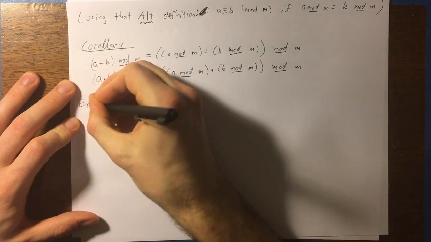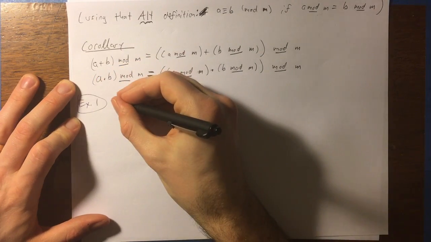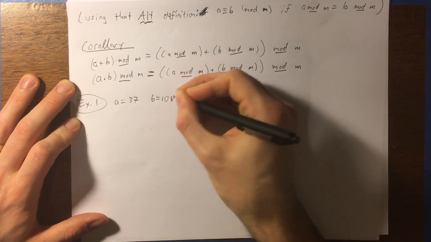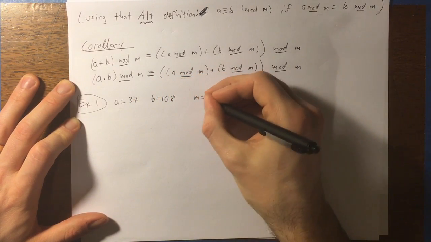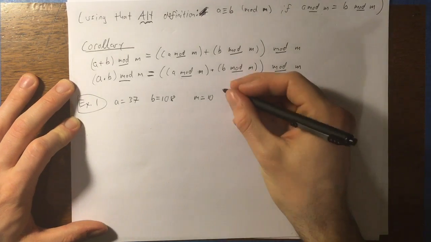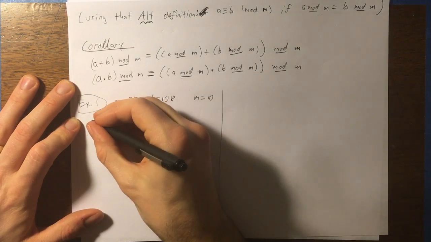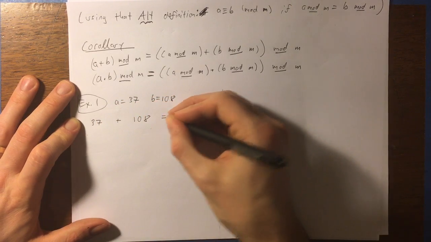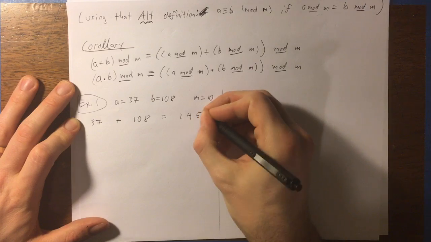So example 1 here, let's take a equals 37, b equals 108, and m equals 10. And we're going to do addition. So 37 plus 108 is equal to 145.